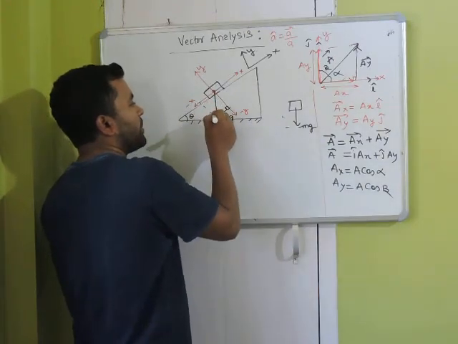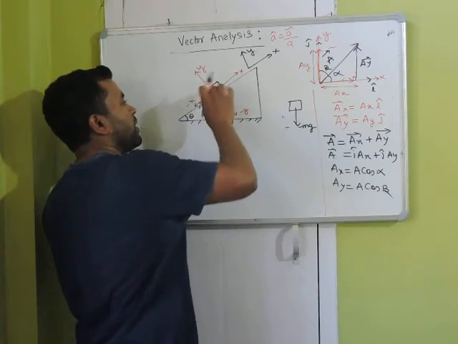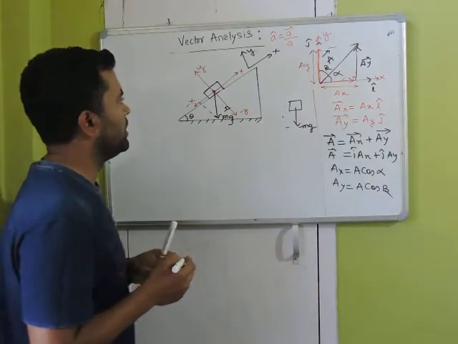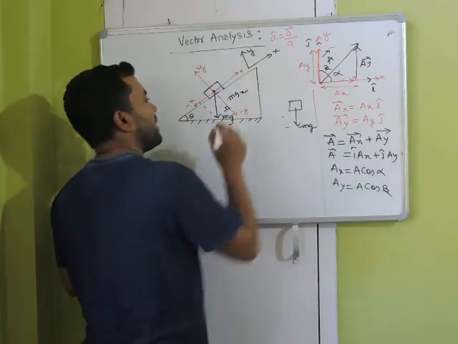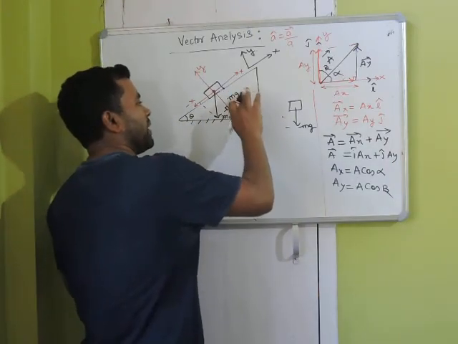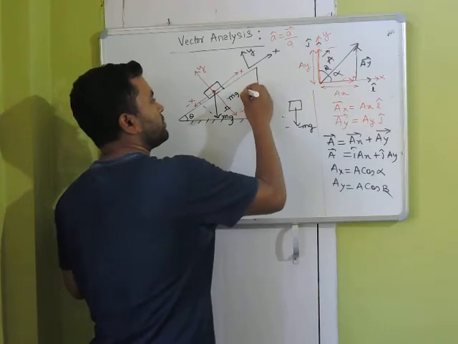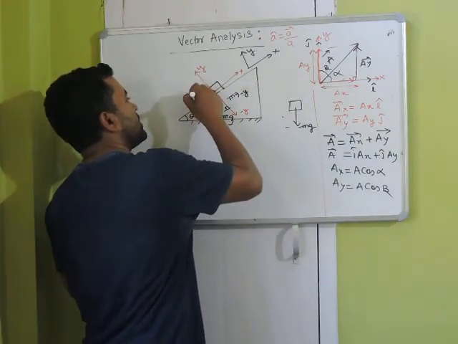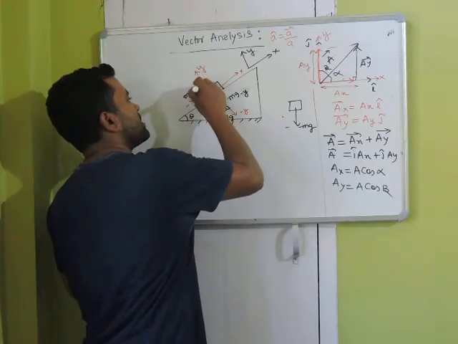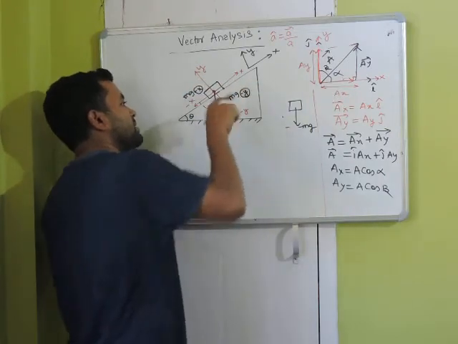If I drop a perpendicular from here, this is the component of mg along x. So this side is mg subscript minus y, acting like this, and mg subscript minus x. This minus x and minus y is just direction.